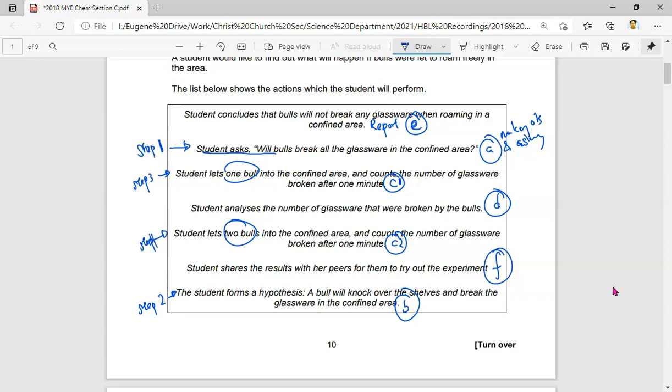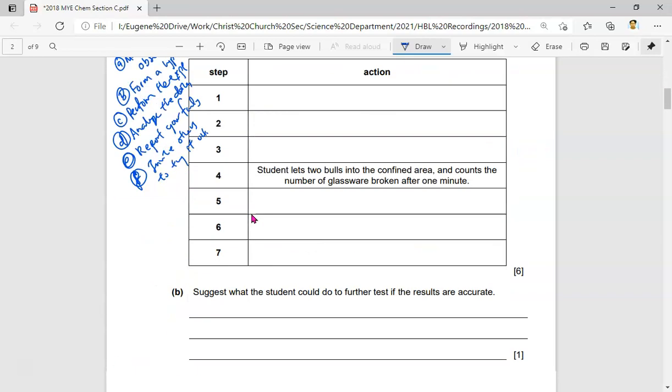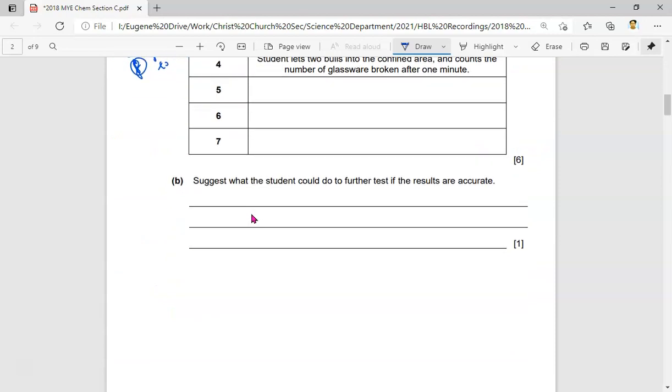Once I've done the experiment, I'm going to analyze the results. So this is analyzing, step 5. Step 6 is to do the reporting. And step 7 is to share the results with your friends. So this is step 1 to step 7 that you need to insert over here.